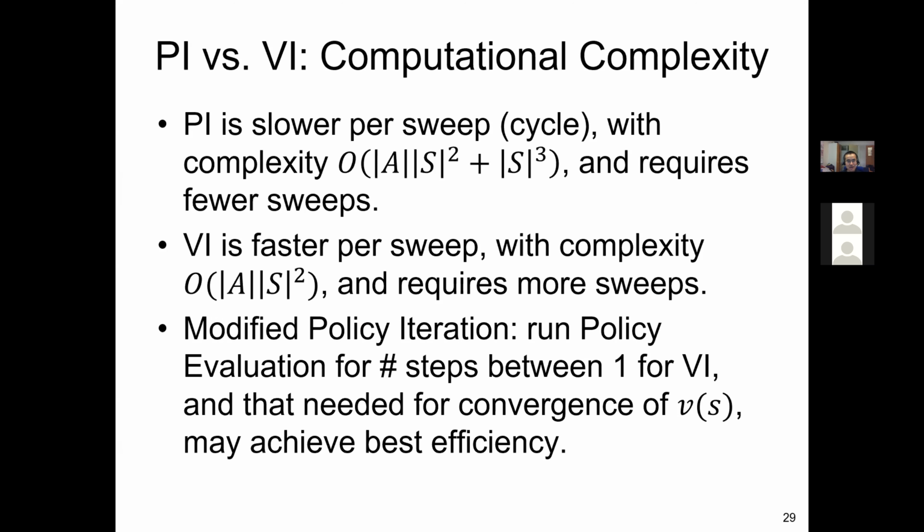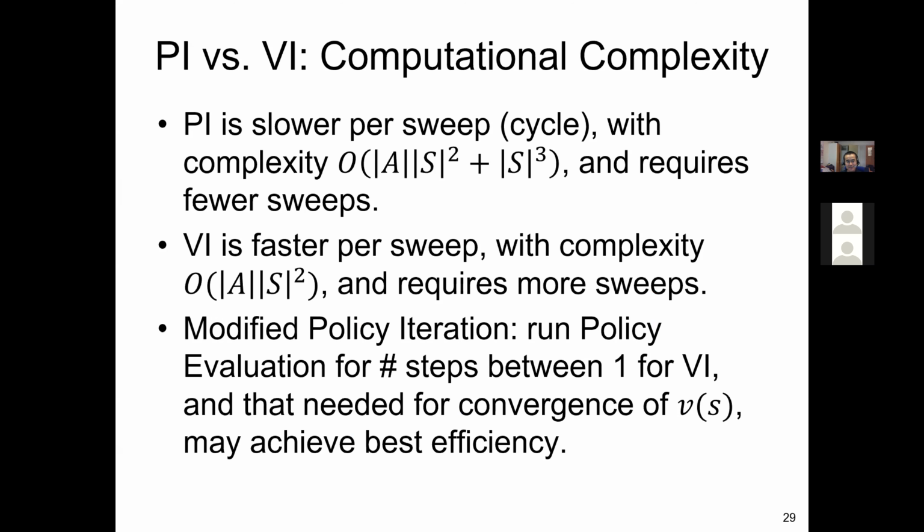So these two are just special cases of generalized policy iteration. You can also have intermediate solutions called modified policy iteration. You run policy evaluation for a number of steps between one for VI and that needed for convergence of V, the two extremes.